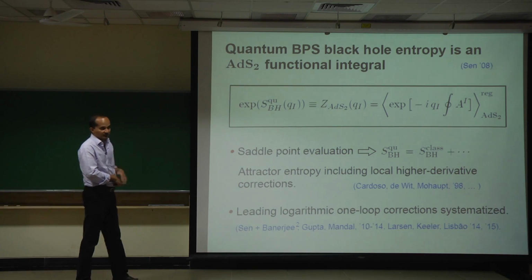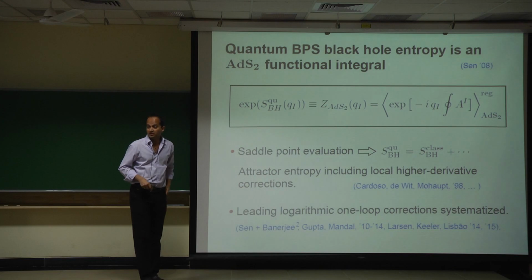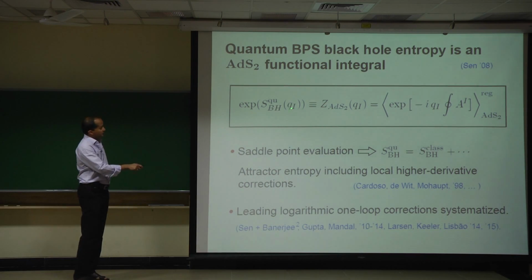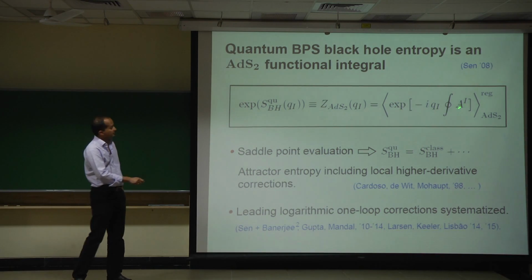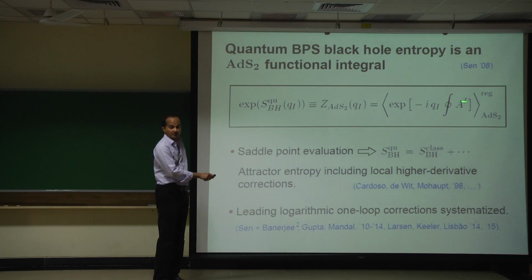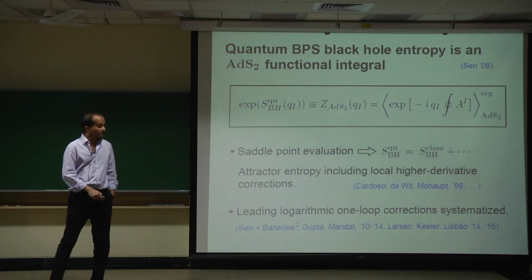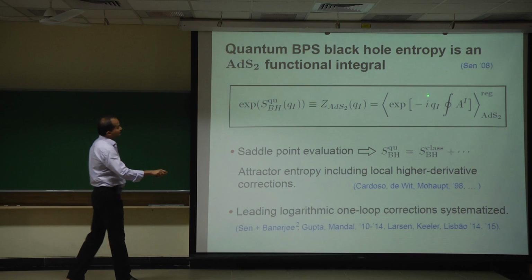You just look at the Maxwell field, and you'll see that the charge dominates in 2 dimensions over the potential. So everything is a function of charges, and for the same reason, you don't compute the partition function, but the expectation value of a Wilson line with respect to all the electric charges of the black hole. So that's what this is.